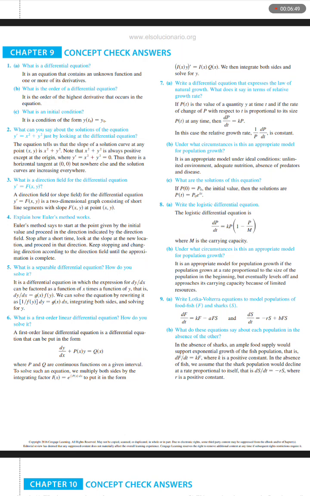Part B. Under what circumstances is this an appropriate model for population growth? It is an appropriate model if the population grows at a rate proportional to the size of the population in the beginning, but eventually levels off and approaches its carrying capacity because of limited resources.